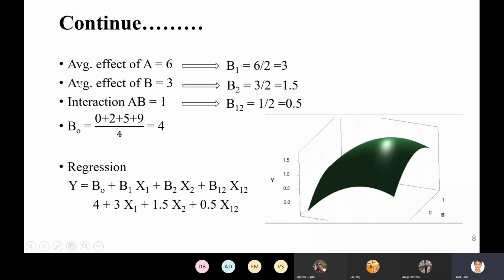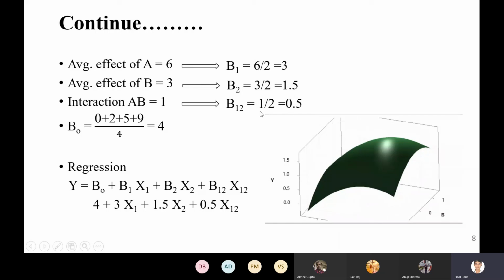The average effect of A is 6. By dividing by 2, we find B1, which is 6 by 2, equal to 3. The average effect of B is 3, so B2 is 3 by 2, which is equal to 1.5. The interaction value of AB is 1, so B12 is 1 by 2, equal to 0.5.